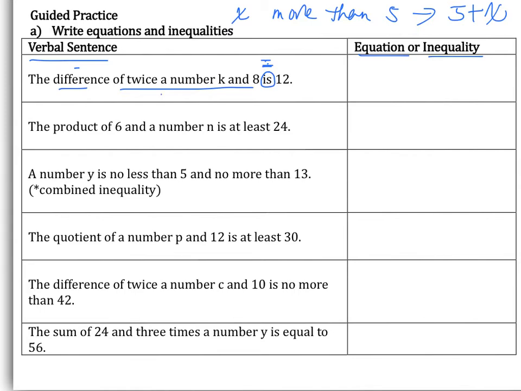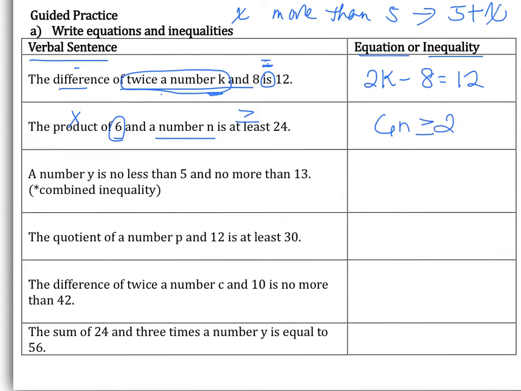So twice a number k, that's 2k, minus 8 is 12. The product of 6 and a number n is at least 24. So 6 times n is at least 24.